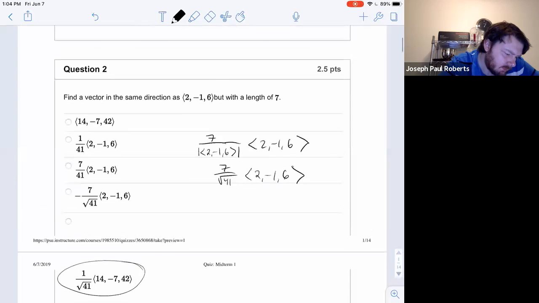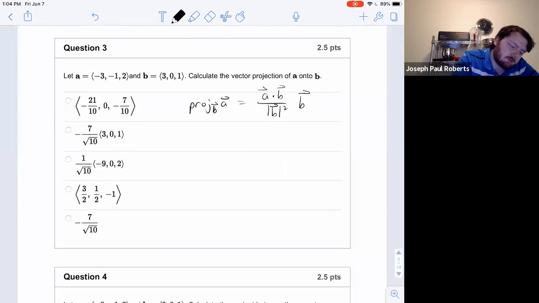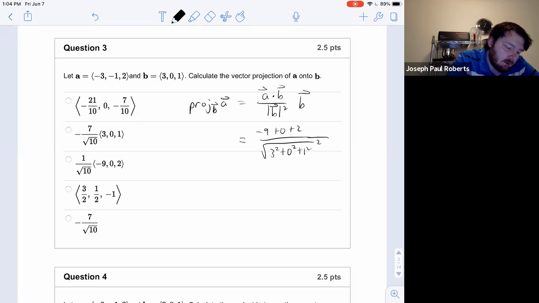These are new vectors, so whatever. This dot product ends up being what? Negative 9 plus 0 plus 2. The length of B squared is going to be what? Square root of 3 squared plus 0 squared plus 1 squared, squared, and then times vector B, 3, 0, 1.